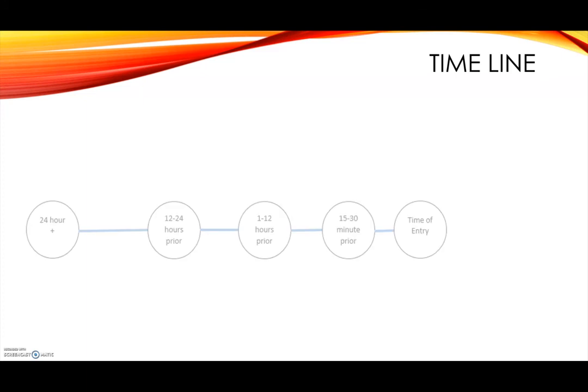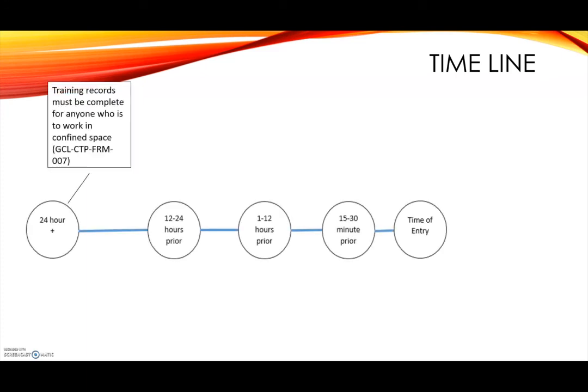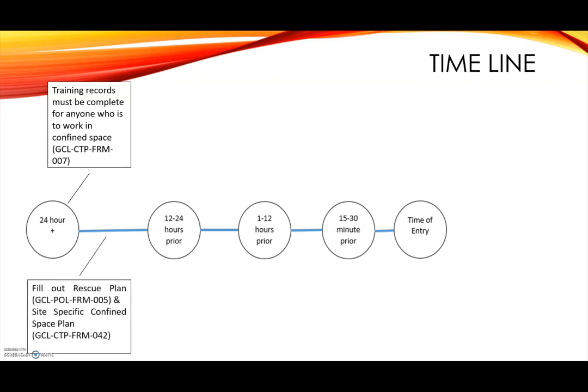Timeline. 24 hours prior to entry, training records must be complete for anyone who is to work in the confined space. 12 to 24 hours prior, fill out rescue plan and site-specific confined space plan.